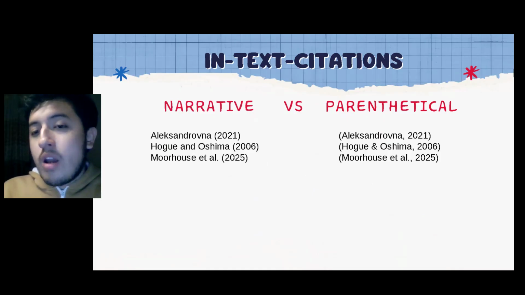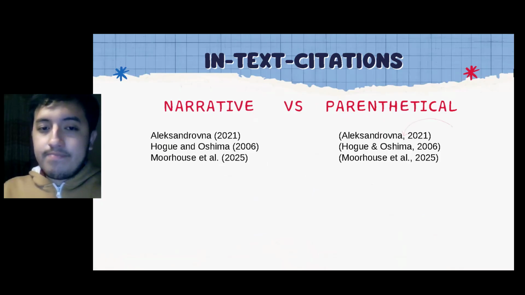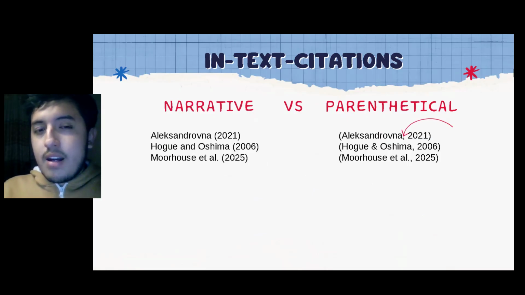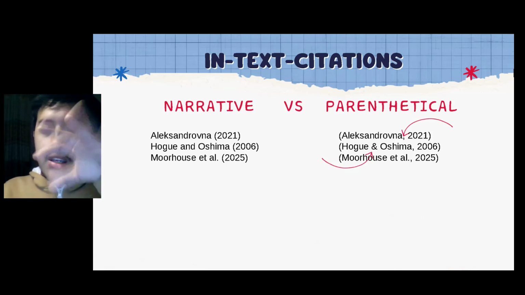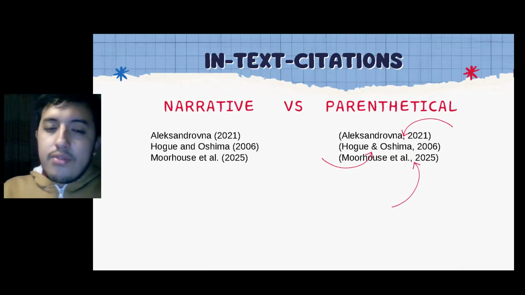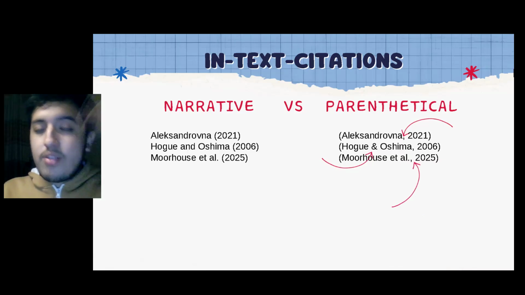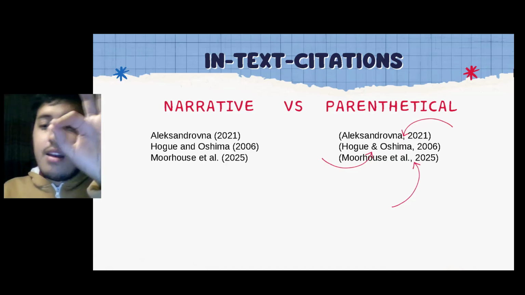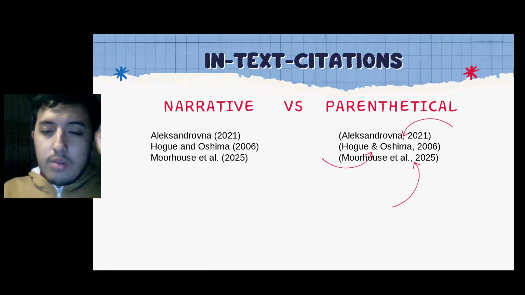When we have just one author, we put it inside the parentheses with a comma. If there are two authors, we put the ampersand and then the comma and the year. Finally, if we have more than three authors, we can put et al. Okay, this is a structure that we need to respect. You can see et al. with a dot and after the dot the comma.